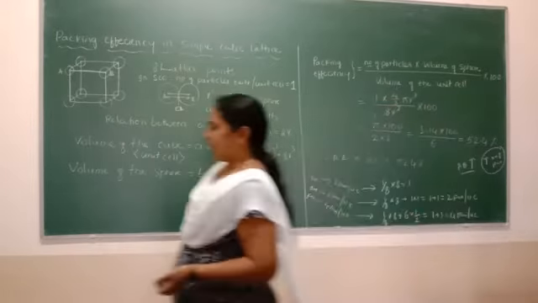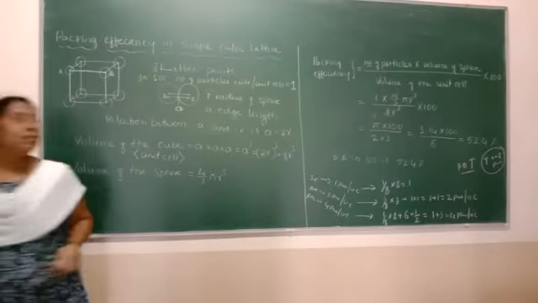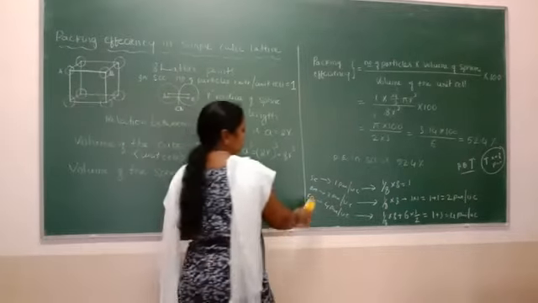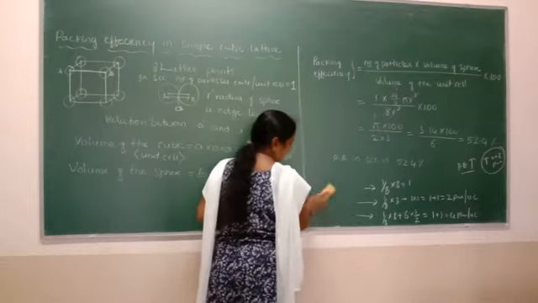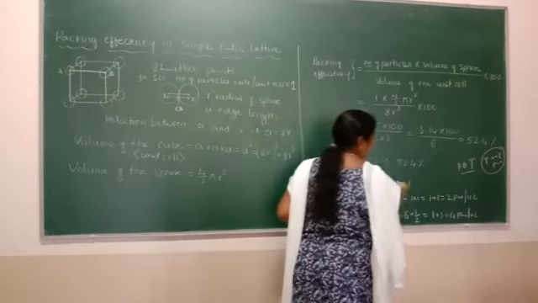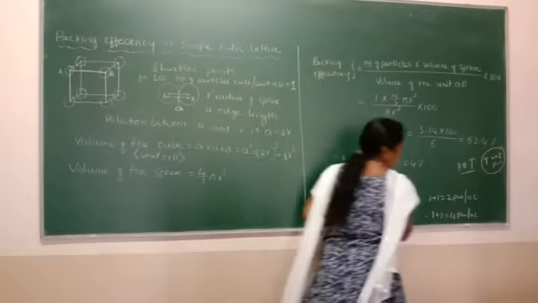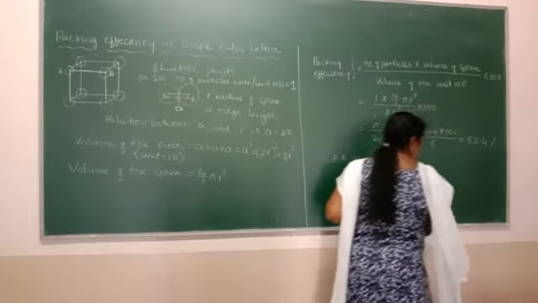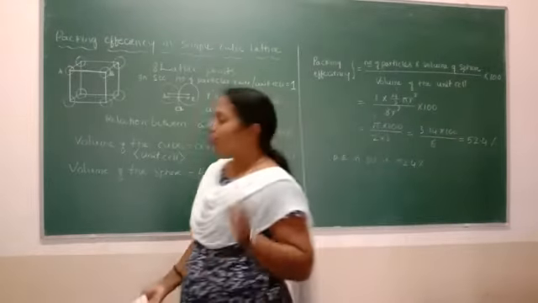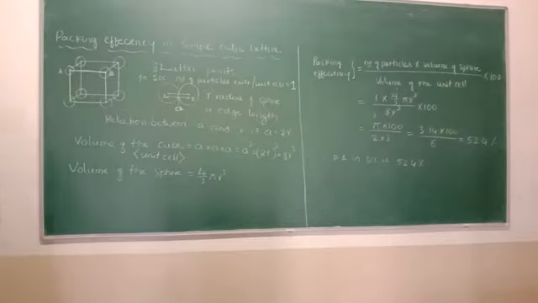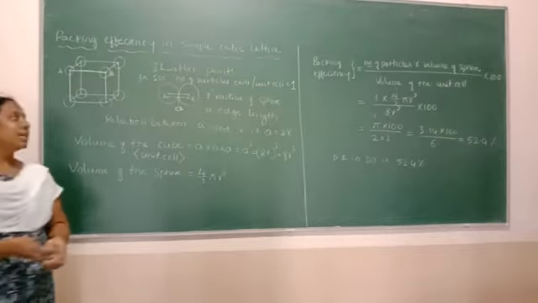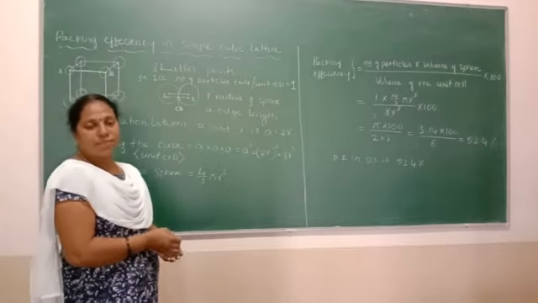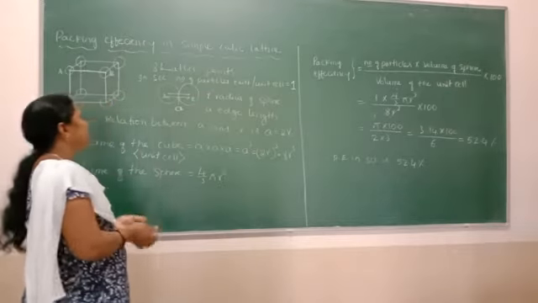Next in this class, we will study the calculation of the packing efficiency in simple cubic, BCC and also FCC. The packing efficiency only depends upon the number of particles. Let us study the calculation in simple cubic first.